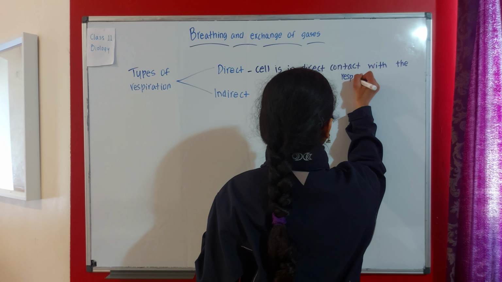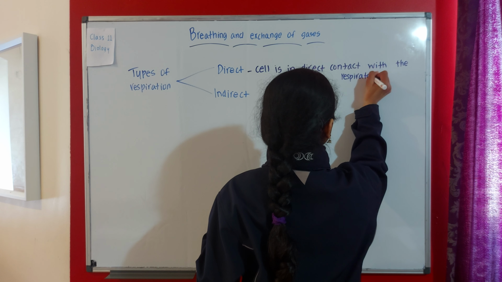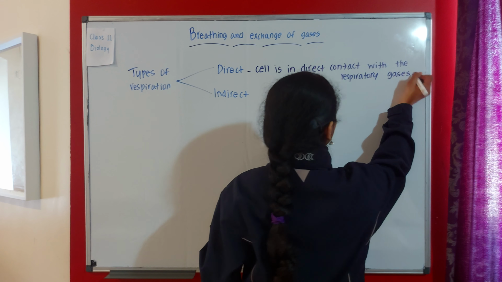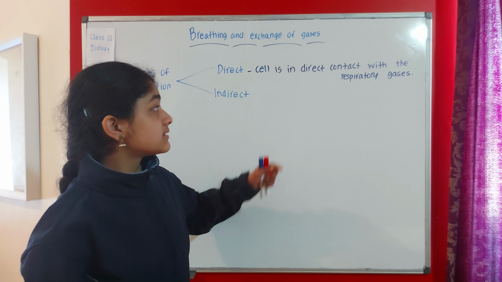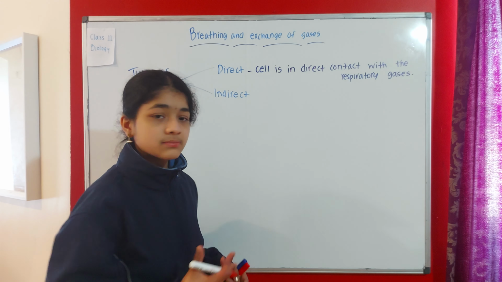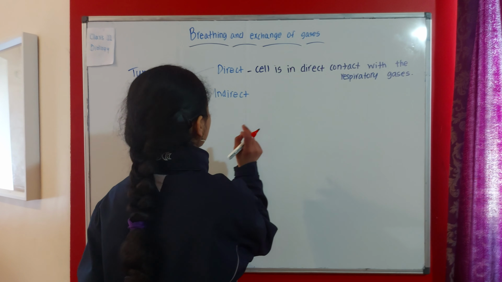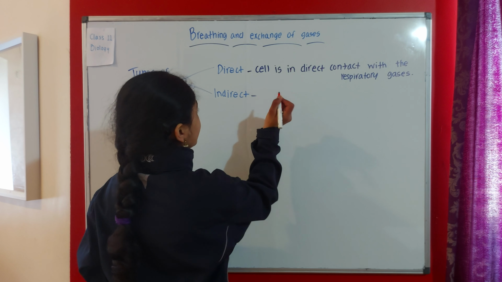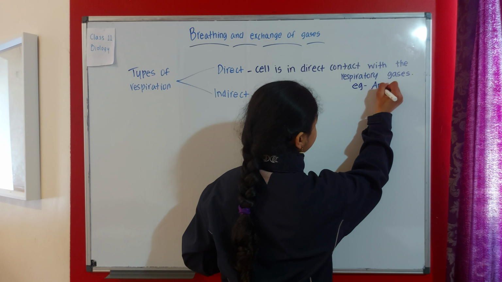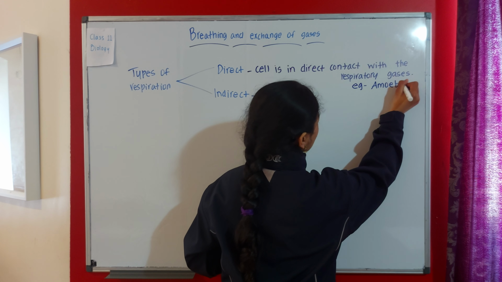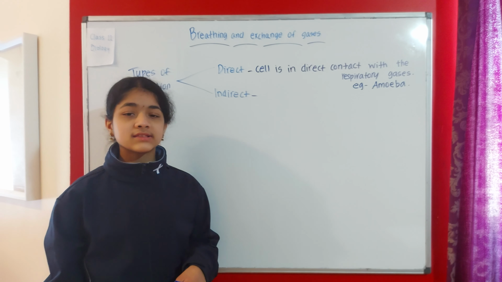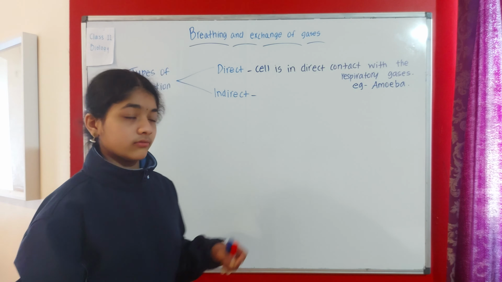So the main cell which is doing the respiration is directly in contact with the respiratory gases. That is in case of direct respiration. And this direct respiration is seen in lower organisms like amoeba. Also it is seen in poriferans, cnidarians or coelenterates and some terrestrial flatworms.